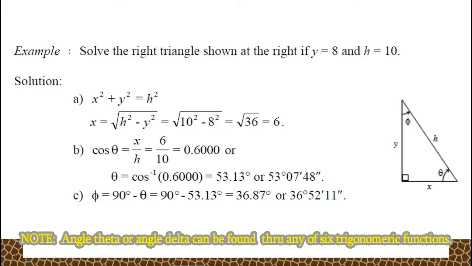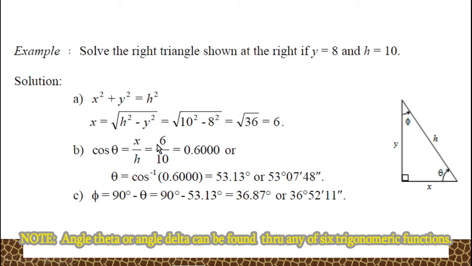Since we already have the lengths of the sides of the triangle, we can use the cosine function to find the angle. So we have cosine theta is equal to x over h, since our x is your adjacent and your h is your hypotenuse.